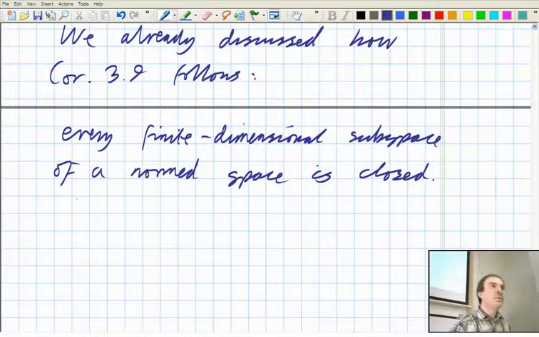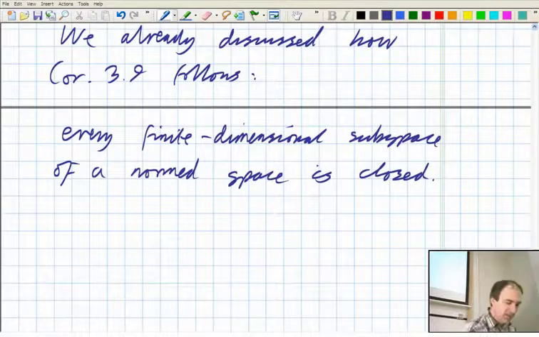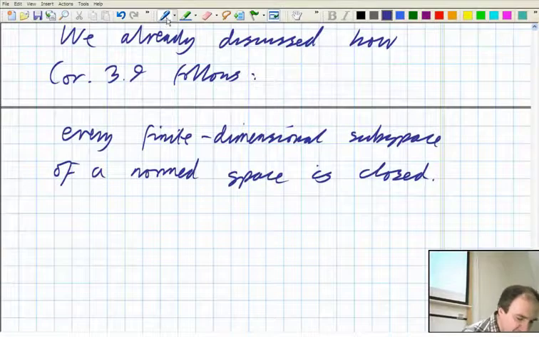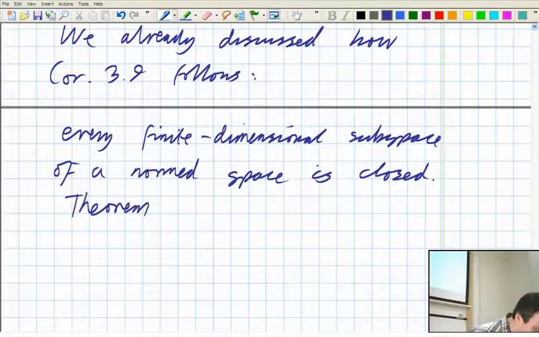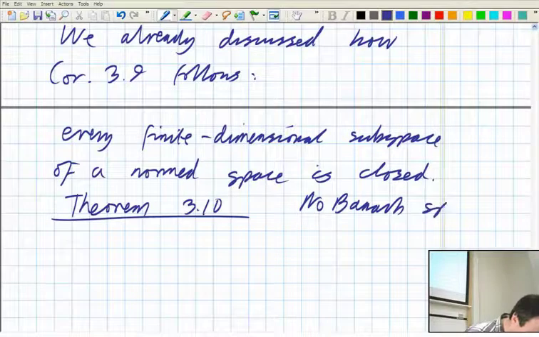So now we'll prove Theorem 3.10, which is that no Banach space can have countably infinite dimension. But in order to do that, we need to discuss a preliminary fact. So that's no Banach space can have countably infinite dimension.